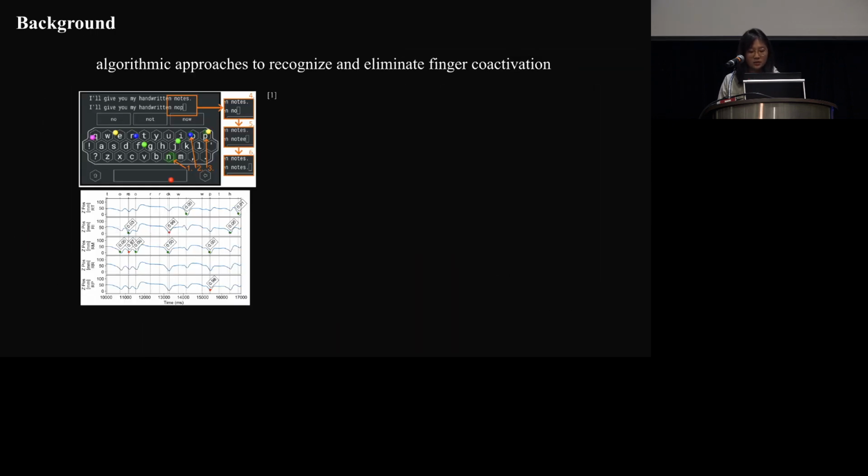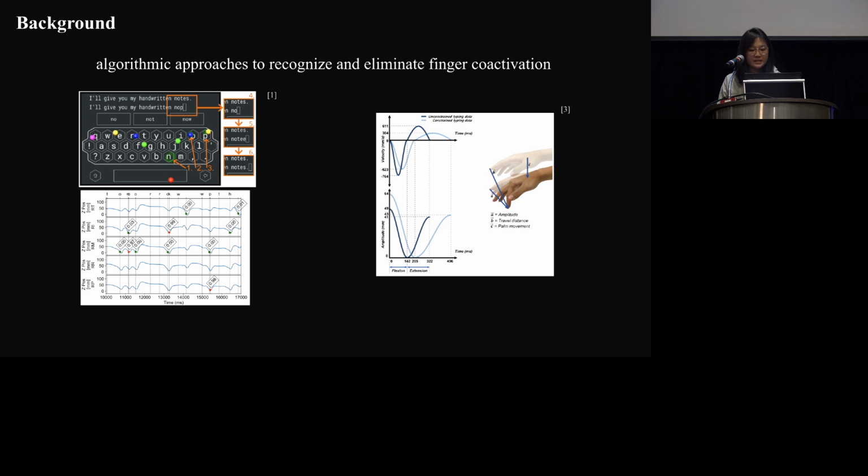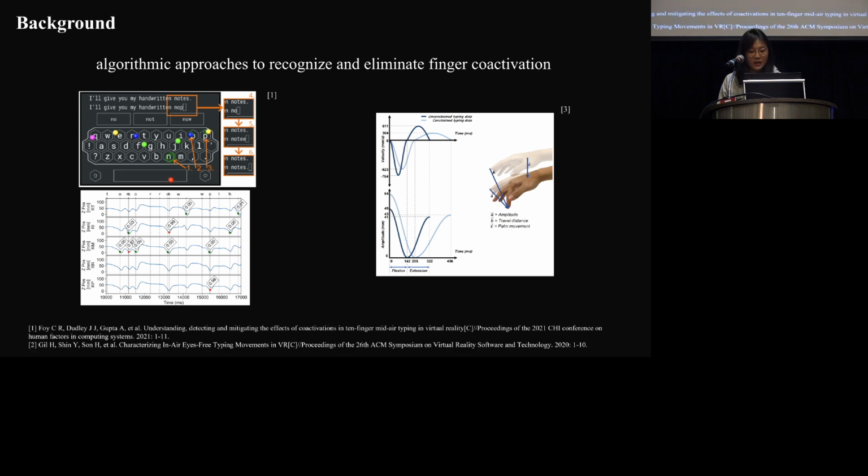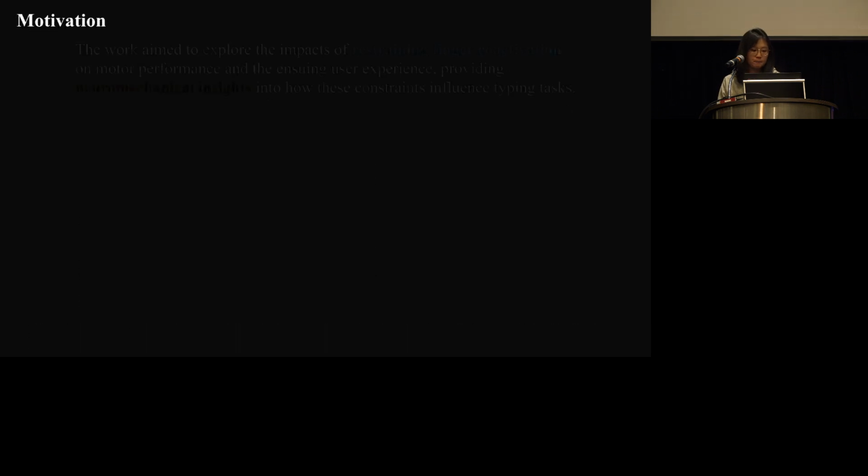Many studies have developed algorithmic approaches to recognize the involuntary movements, identify the coactivated errors from all tapping errors, and then eliminate this sort of mispress errors. These approaches indeed improve the input accuracy, while there remains a knowledge gap regarding how finger coactivation affects tapping performance and leads to a negative user experience.